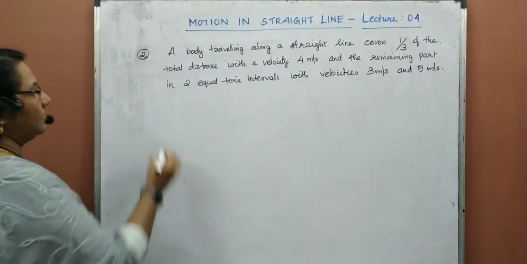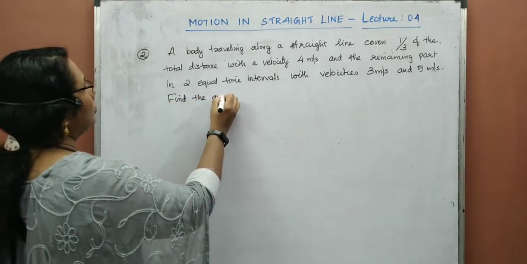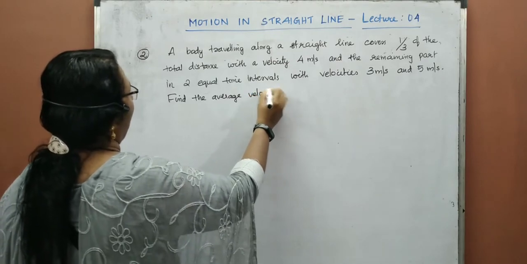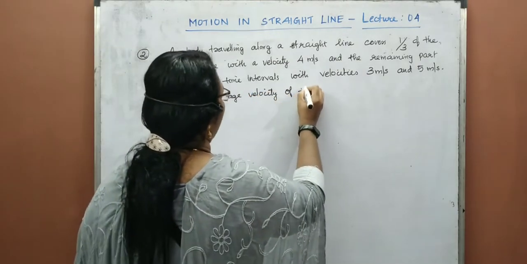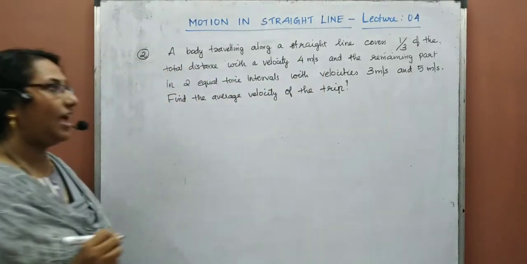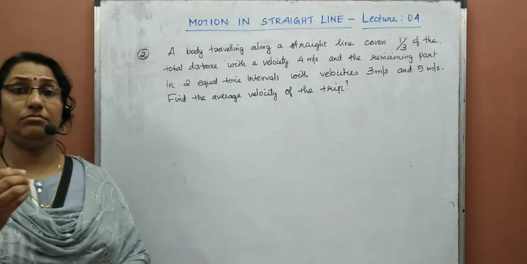The question is, find the average velocity of the whole trip. Okay, so find the average velocity of the whole trip. This is the question.